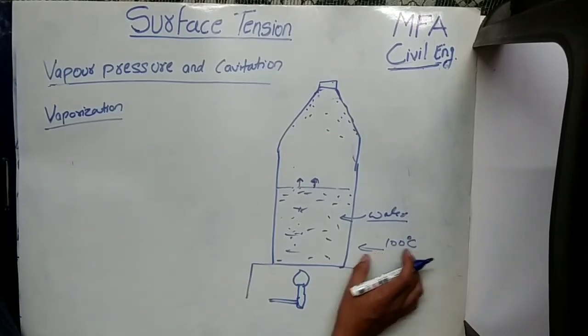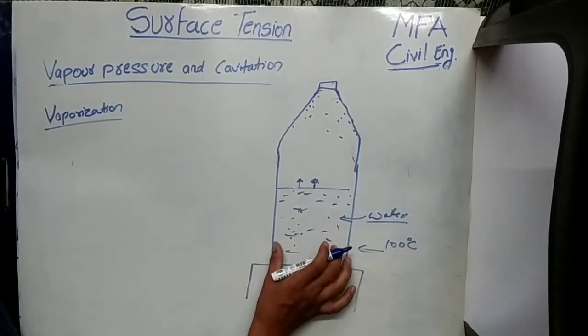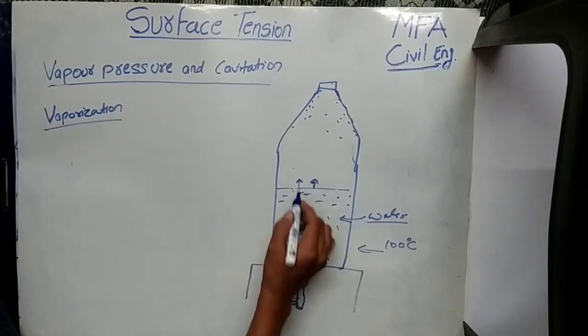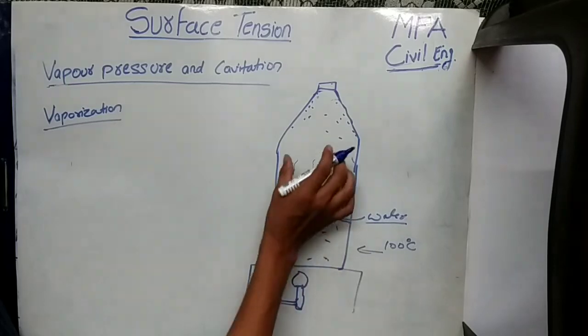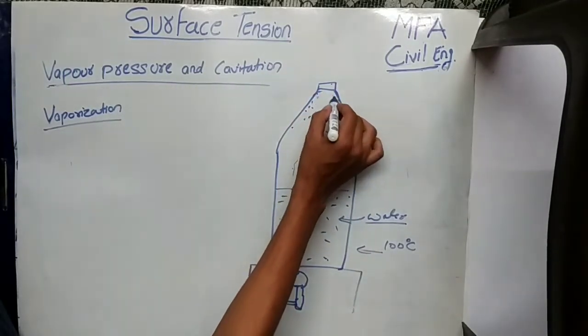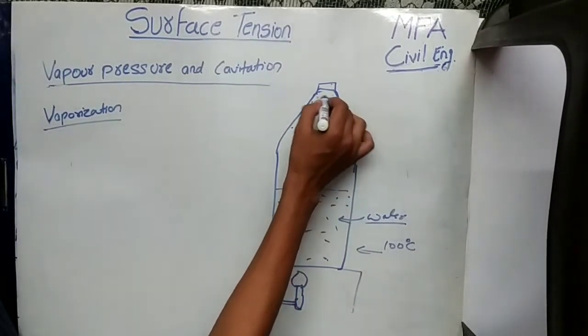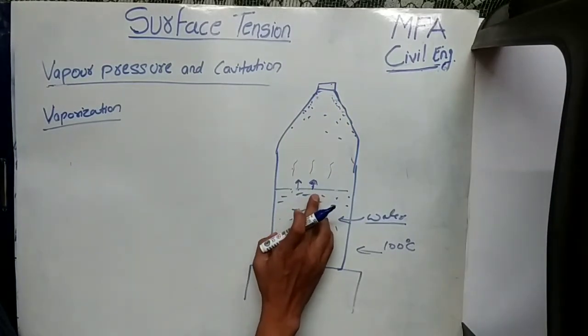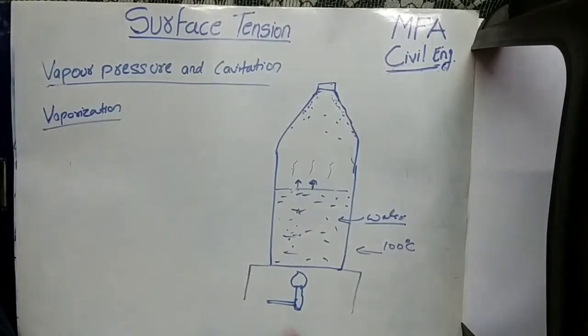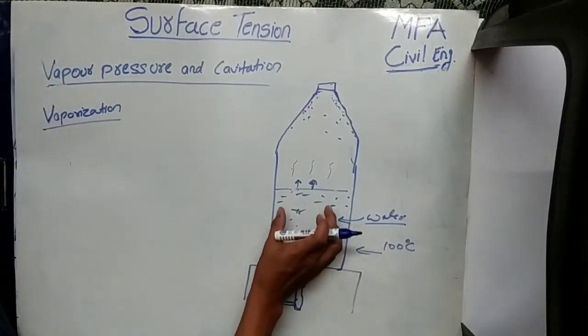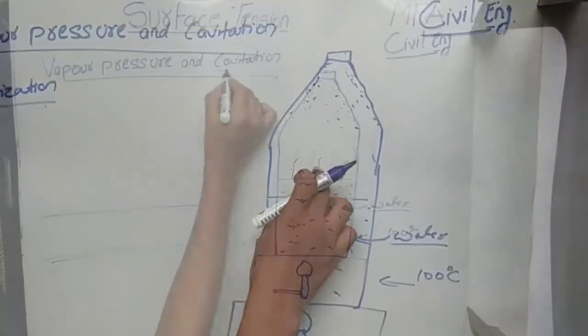At this temperature, the water inside the vessel starts boiling and the liquid gets converted into vapor, and this vapor accumulates at the top of the vessel. This accumulated vapor exerts a pressure on the surface of the water. This pressure is called the vapor pressure. Basically, vapor pressure is the pressure at which the liquid gets converted into vapor.